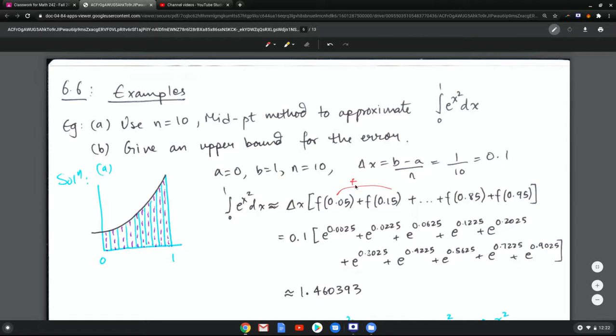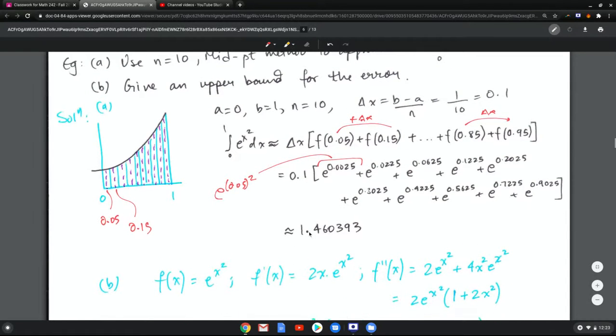You can find these by adding delta x: you keep adding delta x after you find the first midpoint, which is at 0.05, and this one is at 0.15. You plug that into the equation. It's x squared, so remember this is e to the 0.05 squared, which gives you e to the 0.0025. And you end up with 0.46.